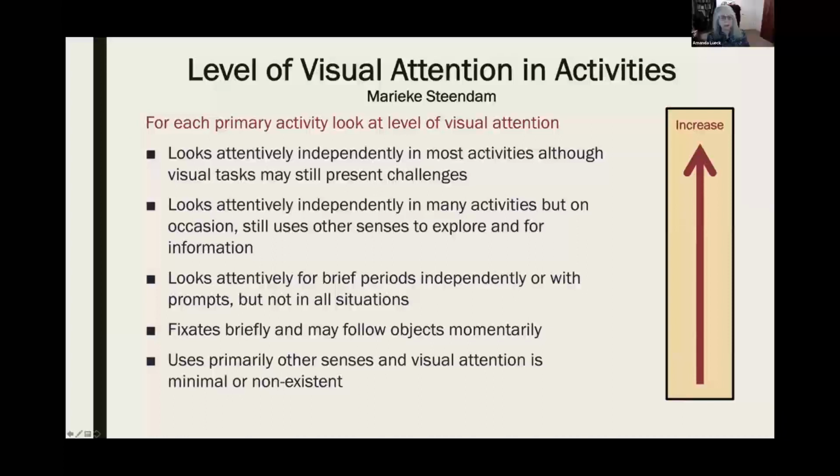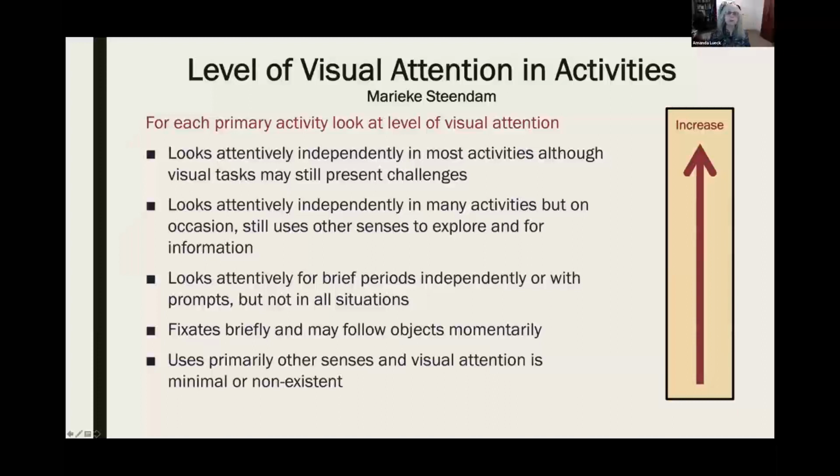So it starts at the bottom with uses primarily other senses and visual attention is minimal or non-existent, fixates briefly and may follow objects momentarily, looks attentively for brief periods independently or with prompts, but not in all situations, looks attentively independently in many activities, but on occasion still uses other senses to explore and for information, and looks attentively independently in most activities, although visual tasks may still present challenges.